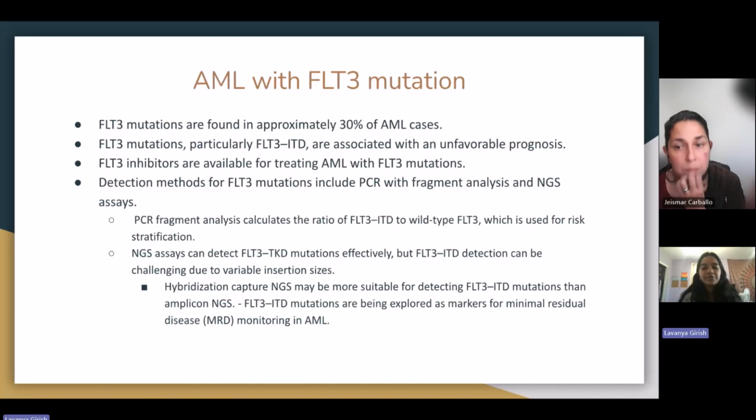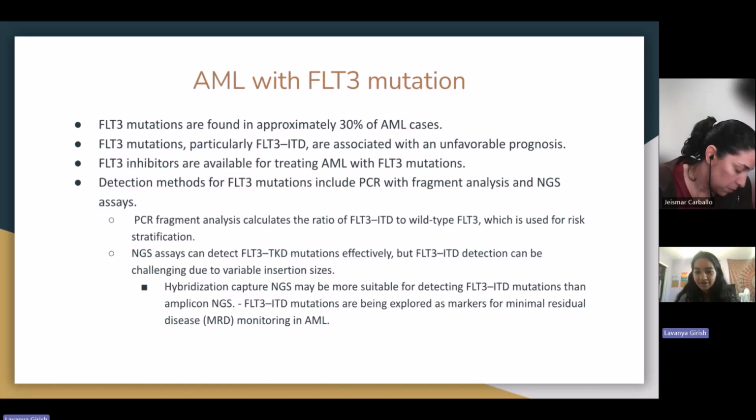AML with the FLT3 mutation. This is found in approximately 30% of AML cases, however, it is associated with an unfavorable prognosis. FLT3 inhibitors are available for treating AML with FLT3 mutations. Detection methods for FLT3 mutations include PCR with fragment analysis and NGS assays.